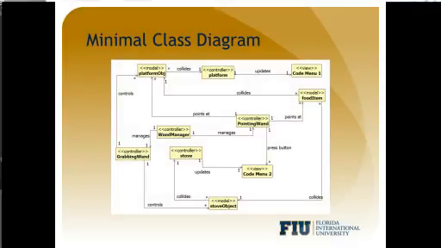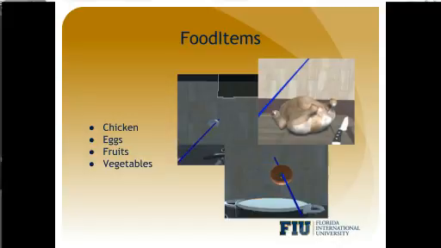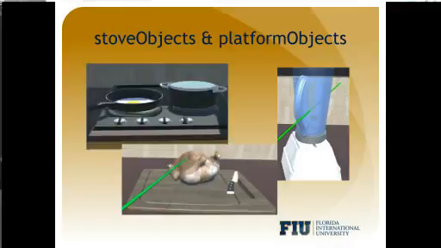CodeByCooking contains 10 classes, 5 of which are controllers, 2 views, and 3 models. One of the models is the food items. These are objects such as fruits, vegetables, and others that can be cooked. They are used in this application to portray variables. They store their state and name, and this information can be accessed and changed.